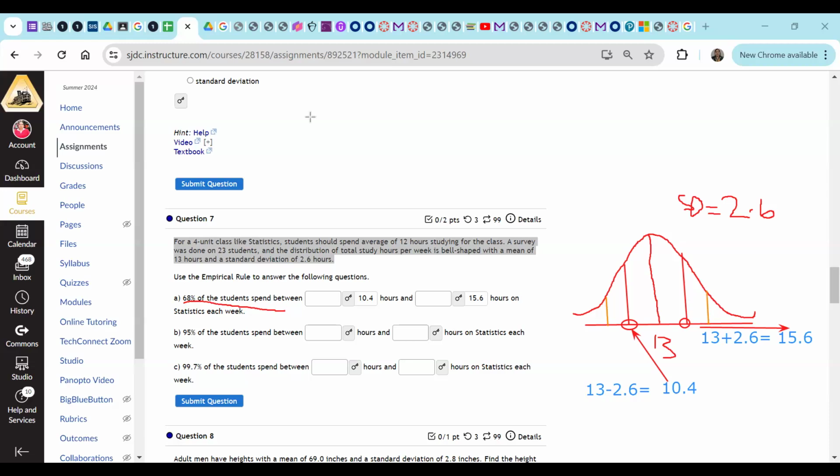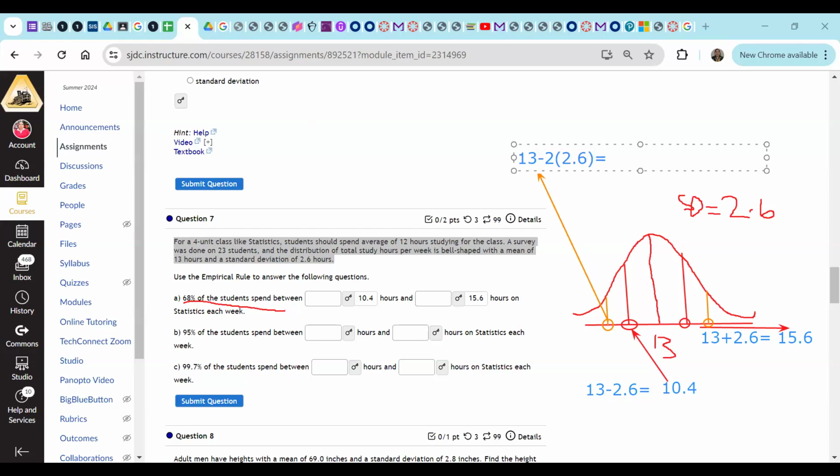And now I am trying to find 2 standard deviations to the left over here and 2 standard deviations to the right over here. So this one is going to be 13 take away 2 times the standard deviation.